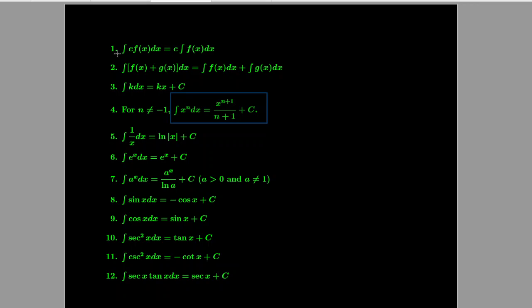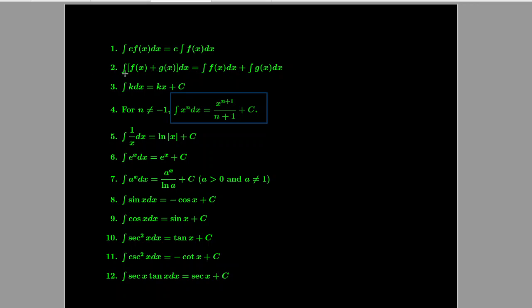Now you look at property number 1. It says c is a constant, f of x is a function. If you have a constant factor in the integrand, it's permissible to leave the constant out of the integration notation. For property number 2, it says actually the same property is true if you replace addition with subtraction.